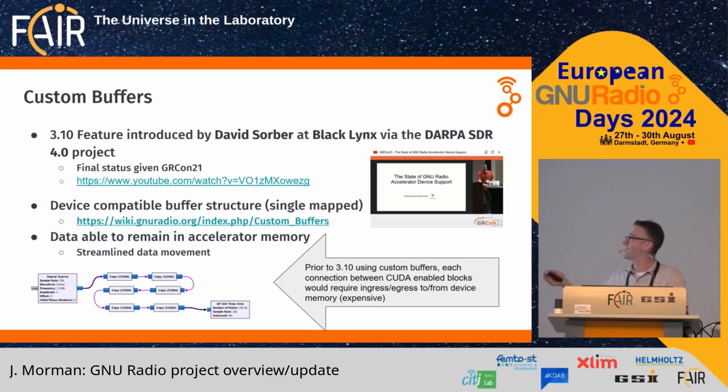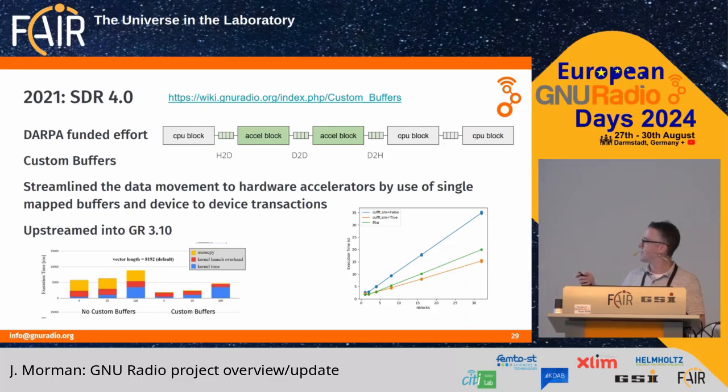But there's an example for CUDA buffers, and what you can do here is you can, say, have your source. You can go into a block that's doing some GPU processing, that's calling CUDA kernels, keep the memory in the GPU, do another GPU processing block, another GPU processing block. And the end result of that is that we get rid of all of this waste of doing the mem copies in and out of the GPU.